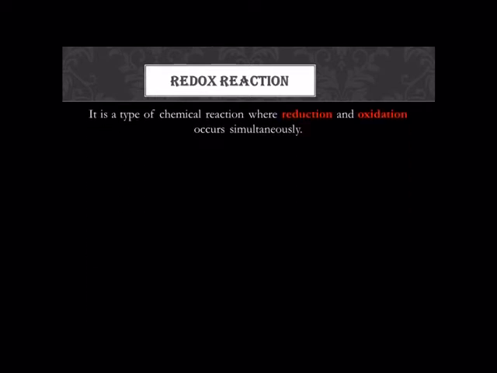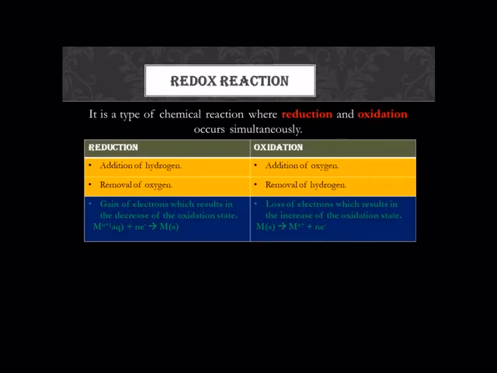When you talk about a redox reaction, the word redox itself says it's a combination of reduction and oxidation. It's a chemical reaction where reduction and oxidation occur simultaneously. We have been defining these from fundamental classes, from class 10 itself. Reduction is a process where there is addition of hydrogen and removal of oxygen, and oxidation is a chemical process where there is addition of oxygen and removal of hydrogen. But in electrochemistry, we need to define reduction and oxidation in terms of gain or loss of electrons.